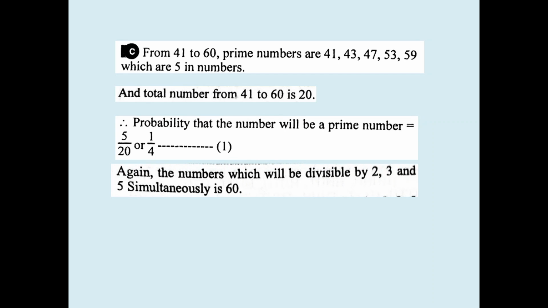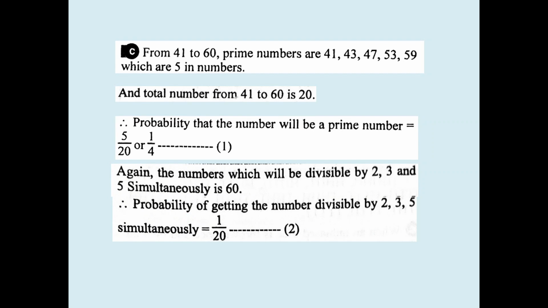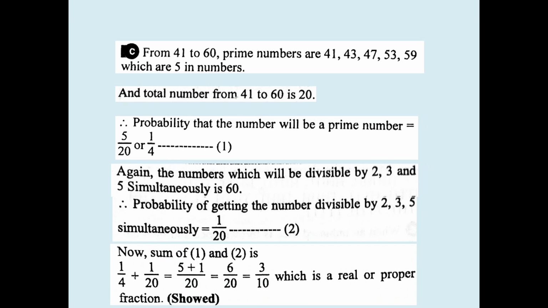Again, the number which is divisible by 2, 3 and 5 simultaneously is 60. Probability of getting a number divisible by 2, 3, 5 simultaneously equals 1 by 20. This is equation number 2. Now, the sum of 1 and 2 is 1 by 4 plus 1 by 20, which is equal to 3 by 10, which is a real or proper fraction.